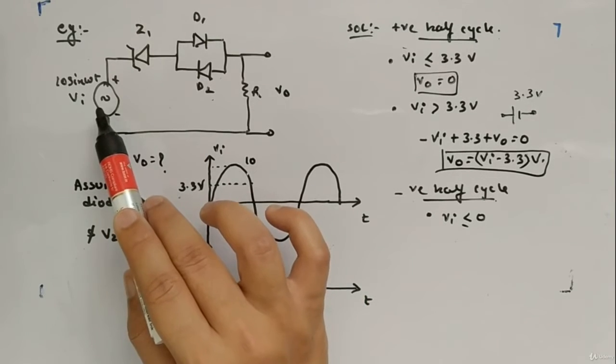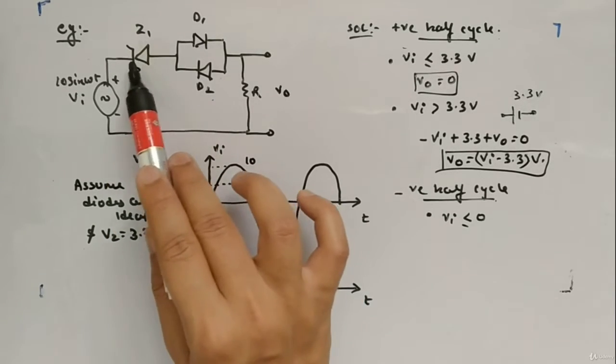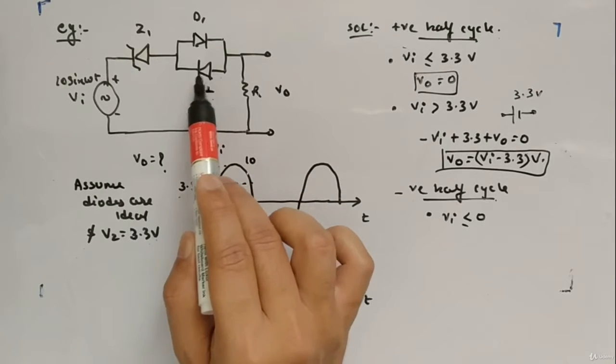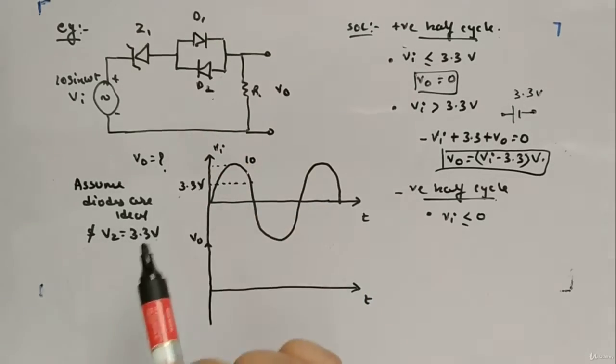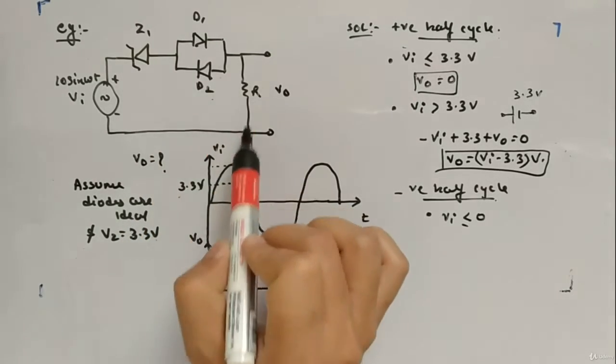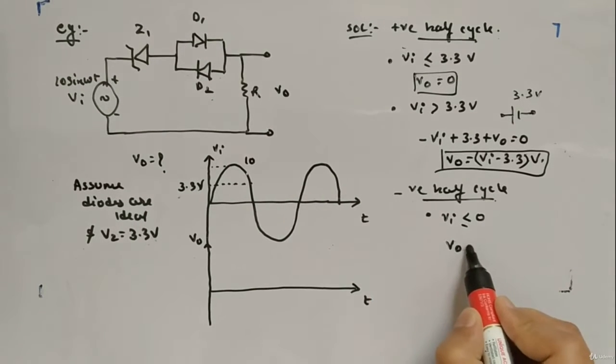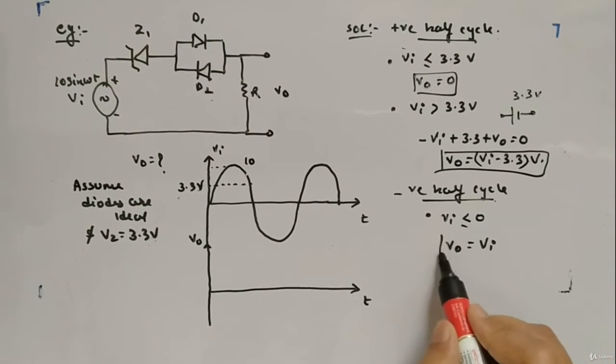Since it's in negative half cycle, this will be anyway short. Now we have to check for these two. Out of these two, this will be short, since it is NP, and this will be open. So this will be the path. So whatever the Vi will be, V naught will be the same.